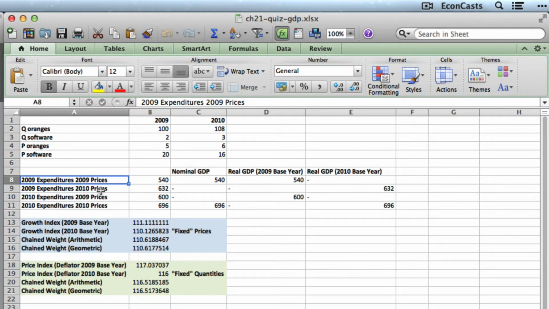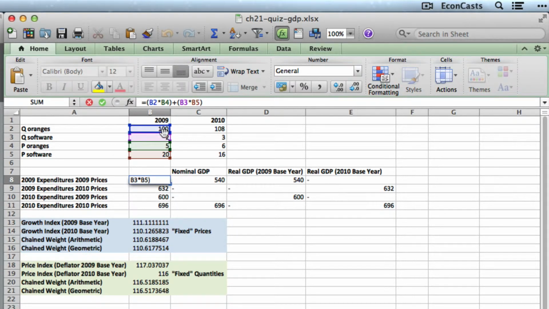The 2009 expenditures and 2009 prices is represented by this formula. We take the quantity in 2009 for oranges and multiply that by the price in 2009 for oranges, and add to that the quantity and price of software in 2009. And this gives us our total expenditures for that year, since this is only a two-good economy.